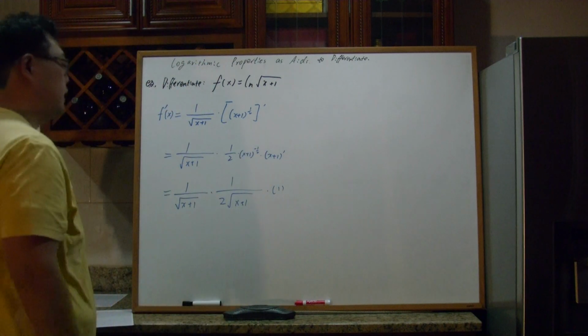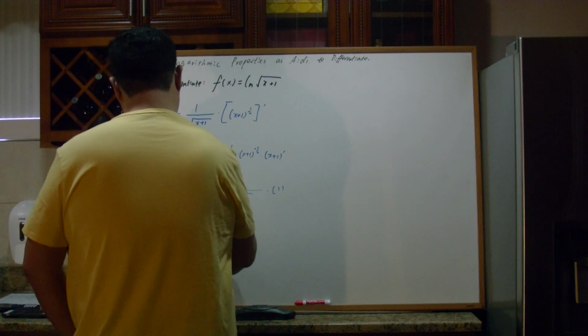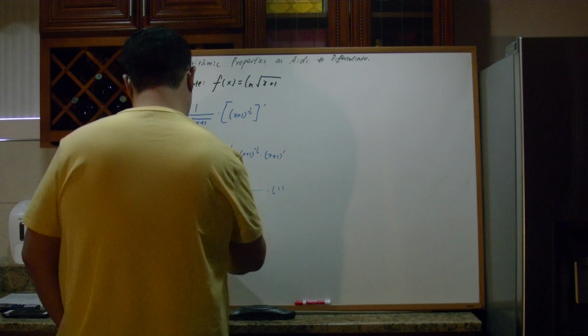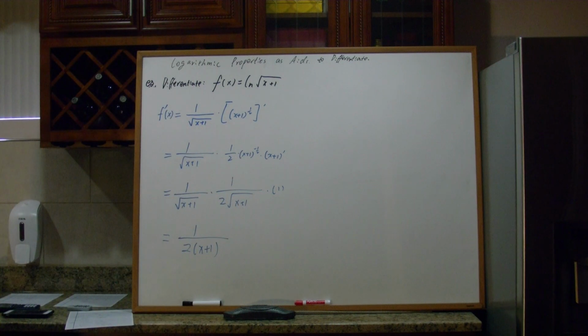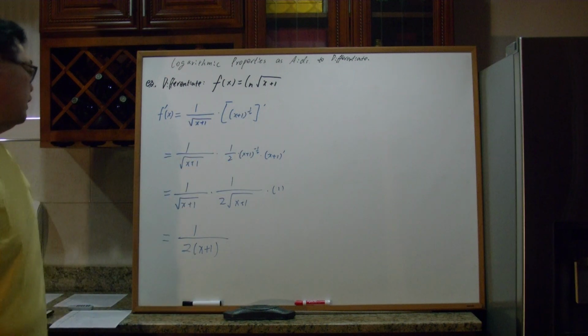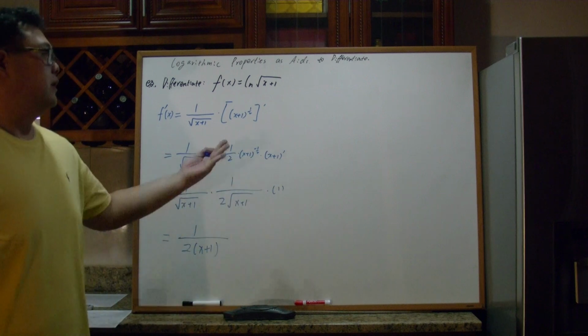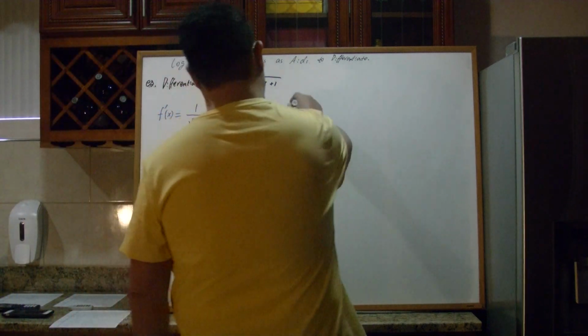The inside derivative is 1, so we get 1 over 2 times x plus 1 in the denominator. Dealing with the power is a little more of a struggle.